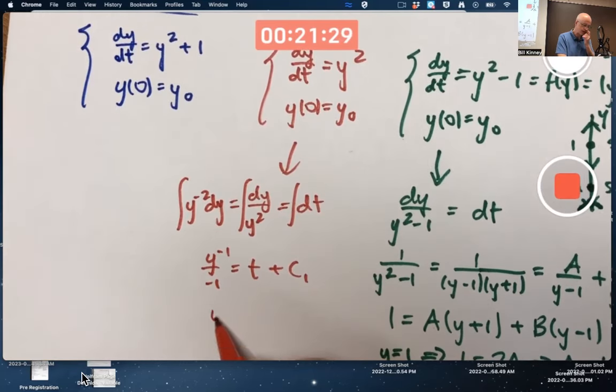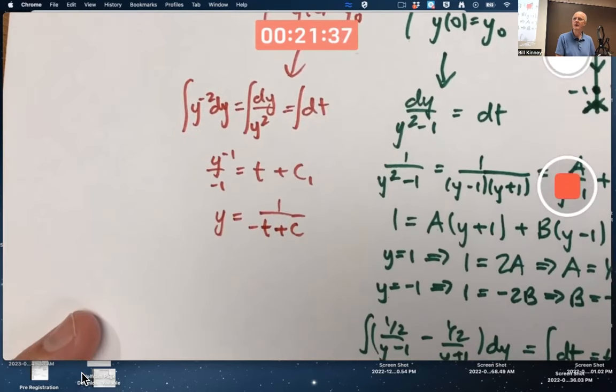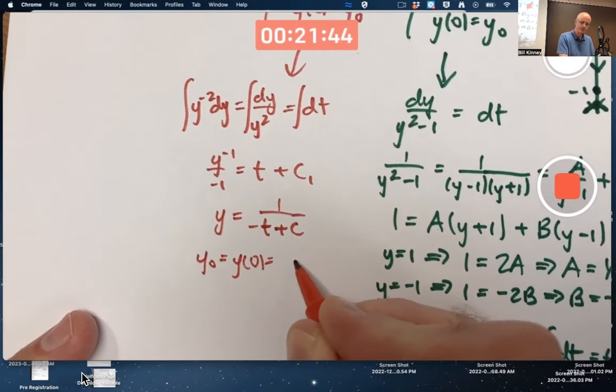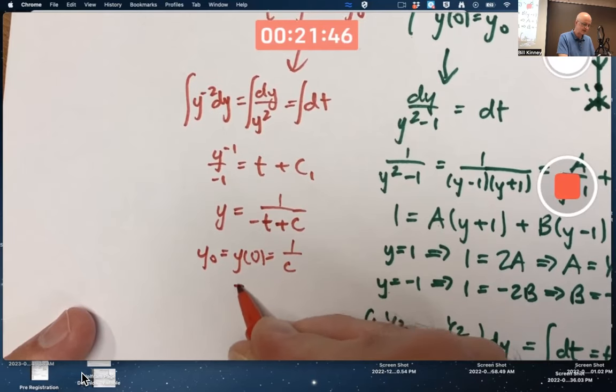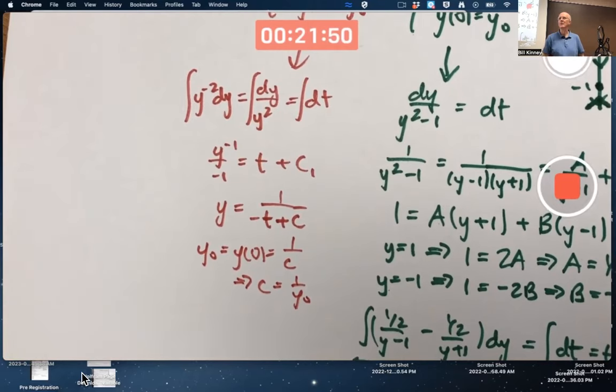So I'm doing two steps at once here. And -c1 is going to become c. Yeah, this will be quicker. y naught equals y of 0 equals 1 over c. So c is going to be 1 over y naught. So if you got to this one, when y naught is 2, you should have gotten 1/2.